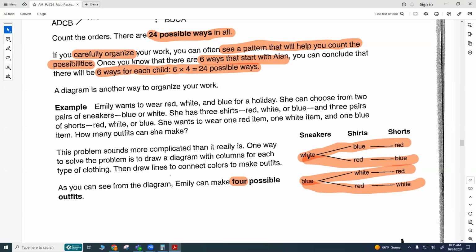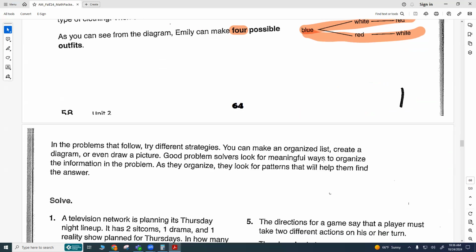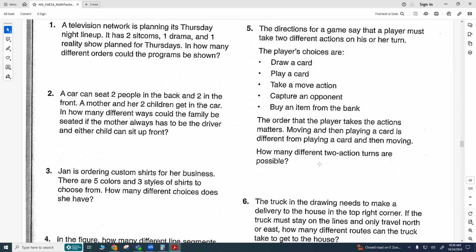If she wears white shoes, then she has to wear blue or red shorts and a blue or red shirt, vice versa, white and red for the blue shoes. And so it ends up being a combination of 4 possible outfits with those clothes, okay? So sometimes just a diagram can help you count it out. You don't have to really worry about math.